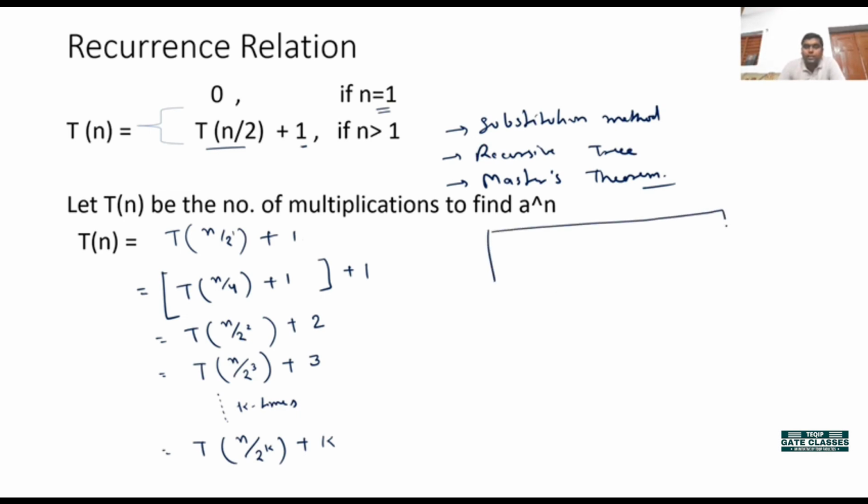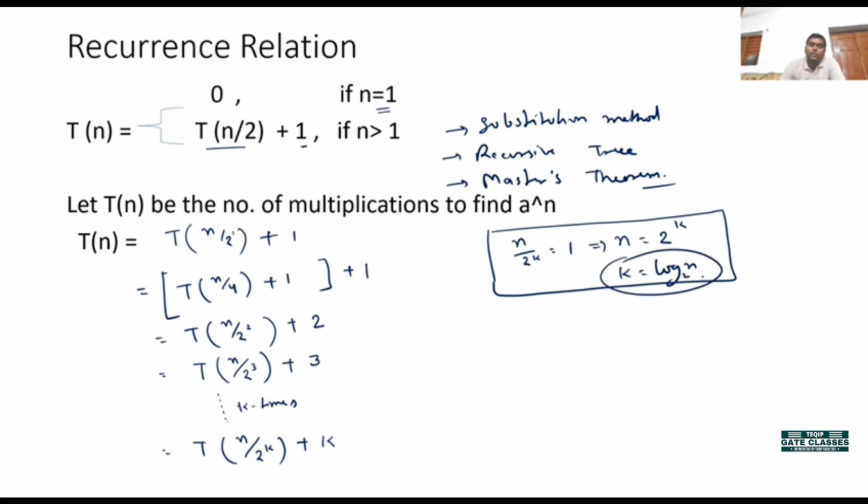At last this problem is going to be what? This n upon 2 raised to the power k is going to be 1, because this problem is going to be 1. So in case of n equal to 1, this will be 0. From here we will get n equals 2 raised to the power k and k equals log n base 2. So we are getting the value of k as log n base 2.